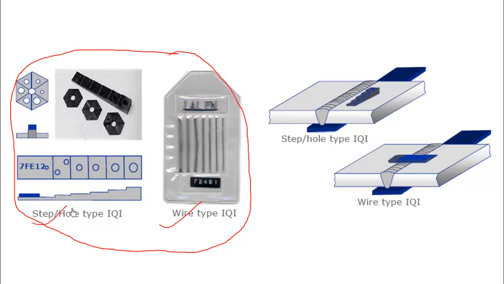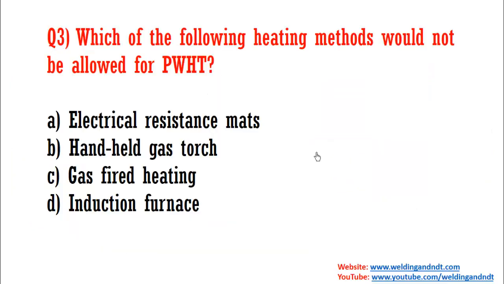These IQIs are placed on one side of the welding, and the radiographic film or cassette is placed on the other side of the welding. So this is how we check the quality of the radiography technique, by using IQI.